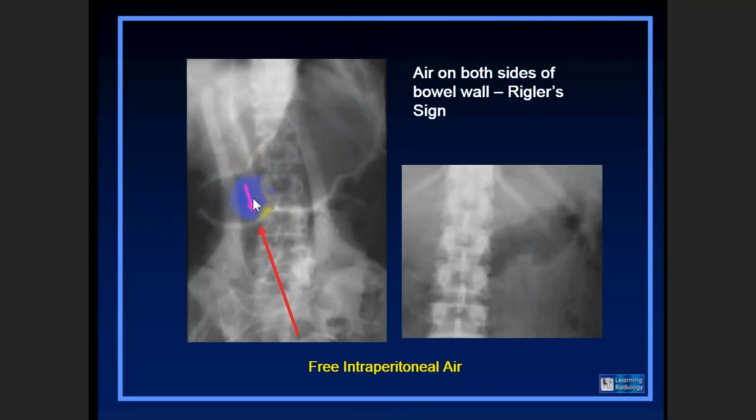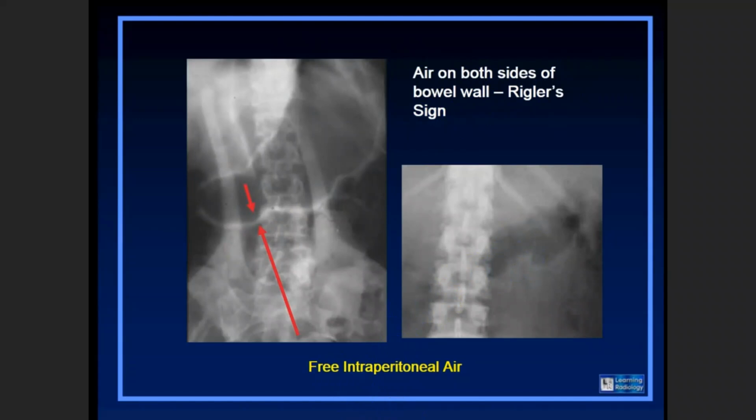Over here we have the normal air within the stomach and the abnormal air outside the stomach, giving this line of mucosa because of the contrast from the air inside and outside. Air on both sides of the bowel wall or stomach wall, in this case, forms Rigler's sign. We also can appreciate Rigler's sign.